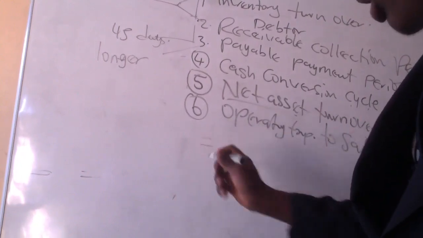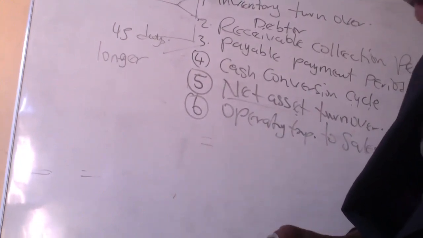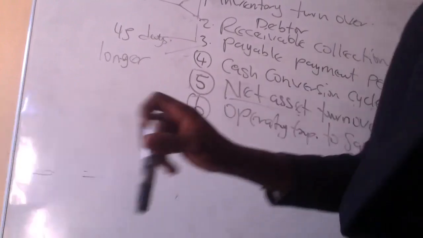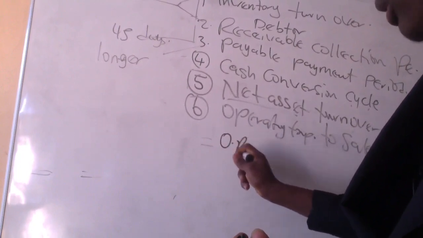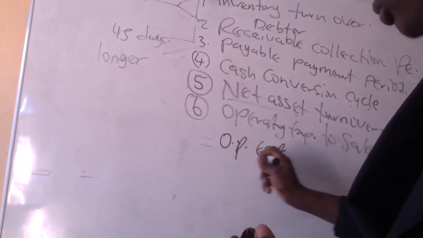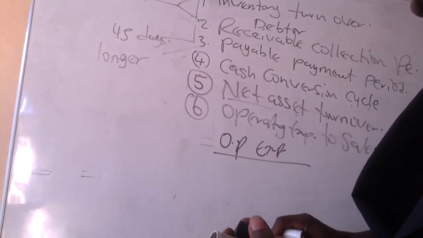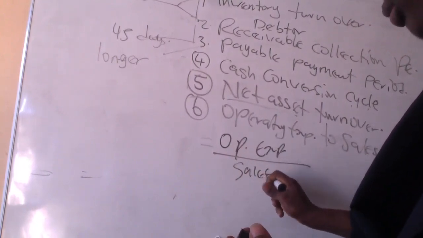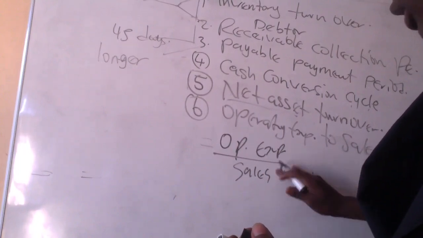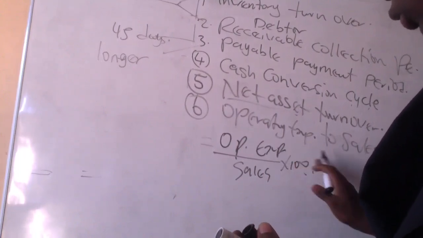So basically, your operating expenses divided by sales times 100. Operating expenses, that's the operating cost. The operating expenses over your sales times 100. So take note for me.